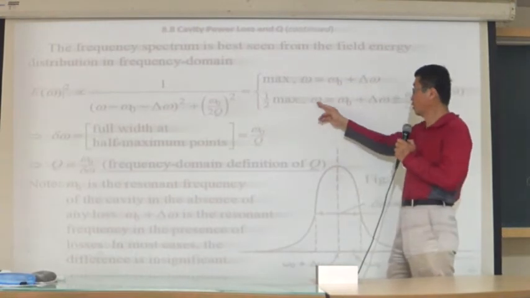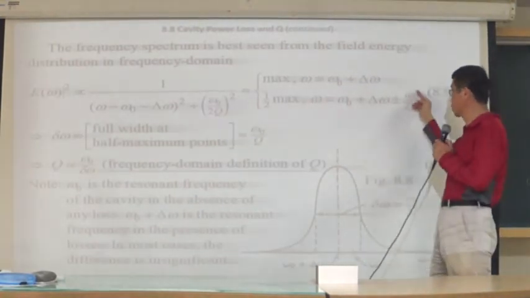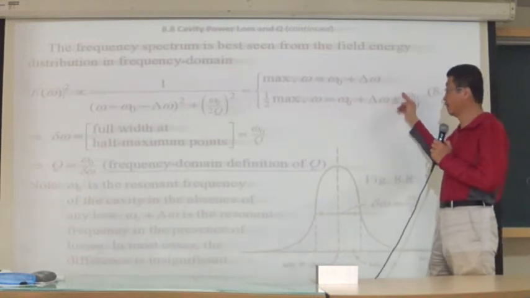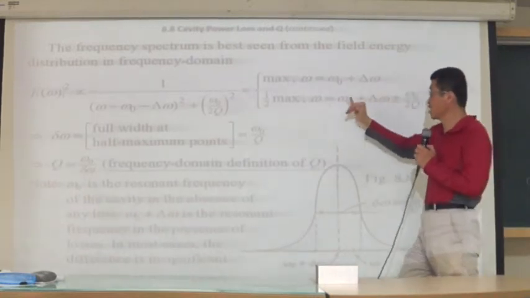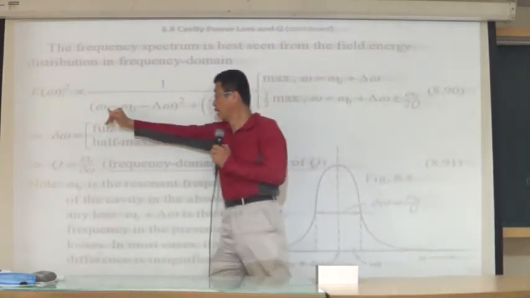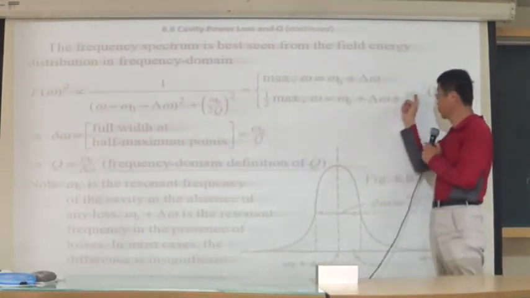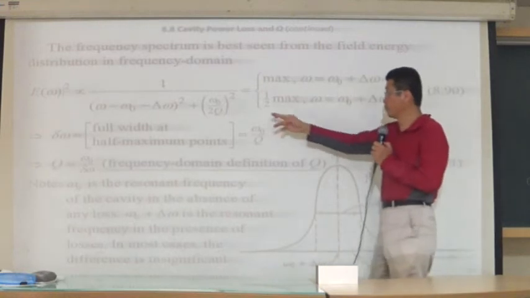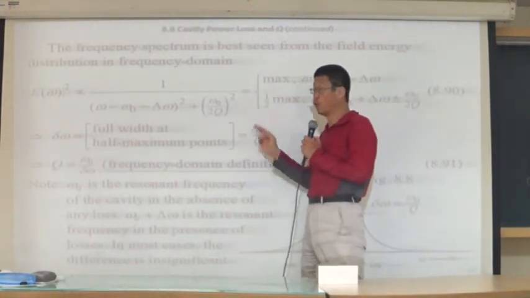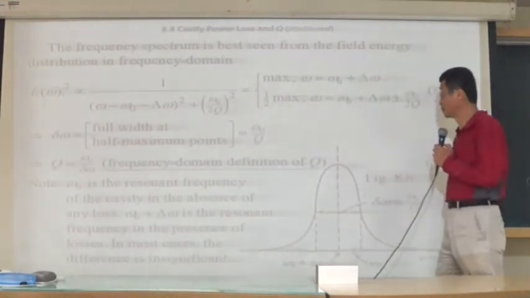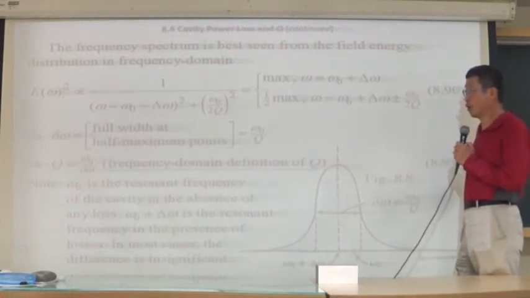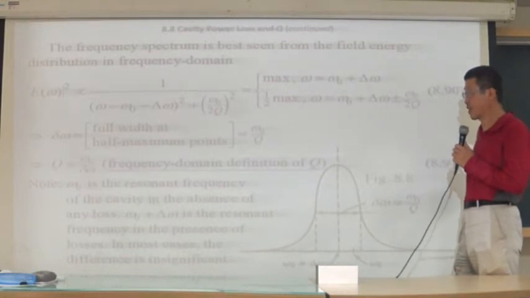When omega equals this one, plus or minus, these two cancel with omega, and we still have this one. So we will have 1/2 maximum. So we define the full width at half maximum.